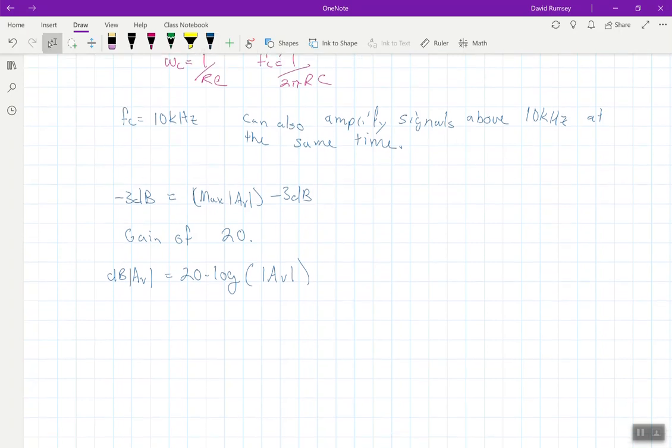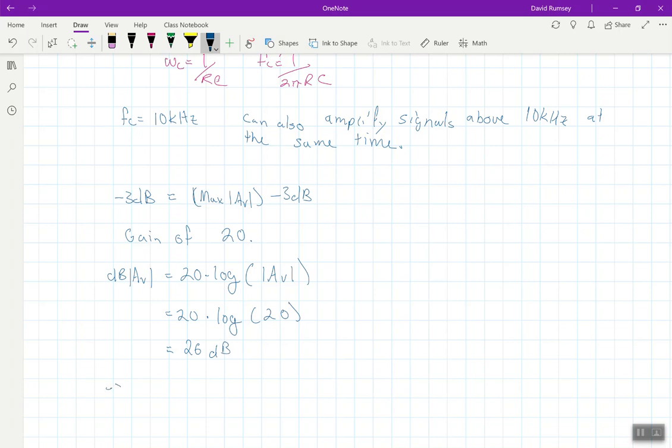So for this one, this would be equal to 20 times the log of 20. If I do that on my calculator, I get 26.0, so we'll just say 26 decibels.